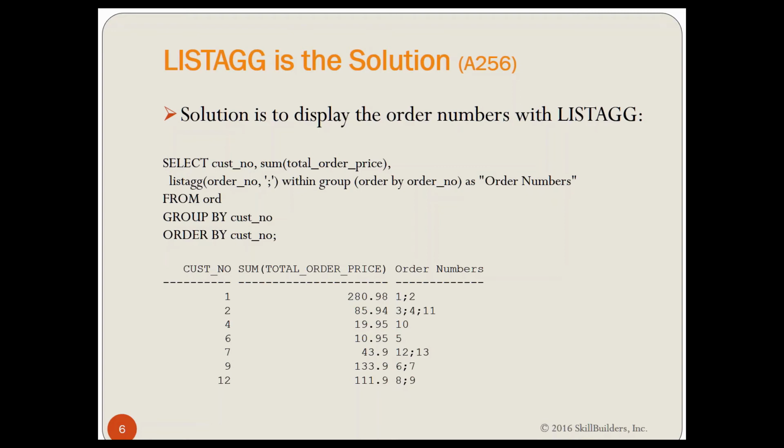Jeff, what happens if the LISTAGG column is larger than 4K, which I think is the largest character data size? Good question. Notice what Dave's referring to here is this LISTAGG is going to list all the orders for this customer. Well, these order numbers happen to be short, but what if I had thousands of orders?